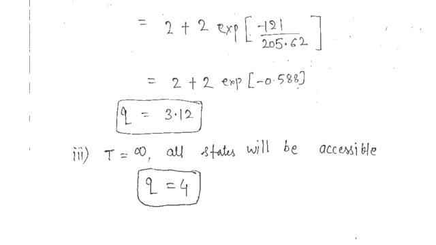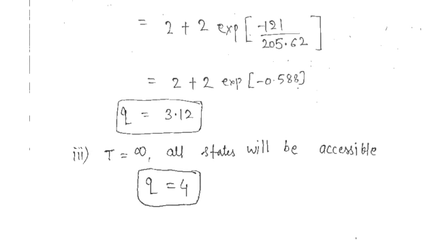So in this case there are 4 states: 2 in the ground state, because the degeneracy of the ground state is 2, and for the excited state the degeneracy is 2, so there are 4 states. There are 2 levels, but there are 4 states. Try to understand. The levels we designate in terms of the energy, and a level having a particular energy is considered only one level, but in that particular level there may be many states.